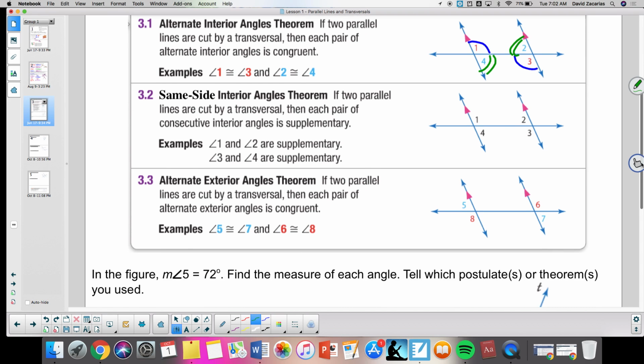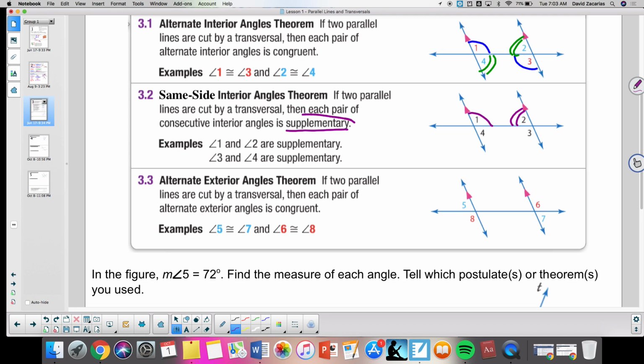The next one, same side interior. Now here's where you've got to watch out. It switches it up. Here, it says if you have same side interior angles and those lines are parallel, then these two angles will add up to 180. So angle 1 and angle 2 are not congruent to each other, but they do add up to 180.